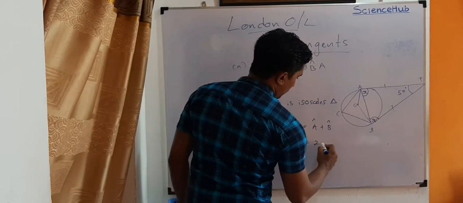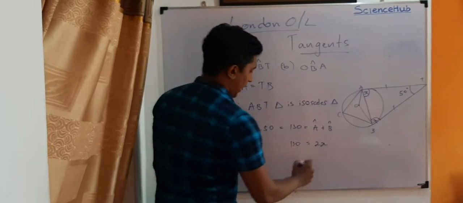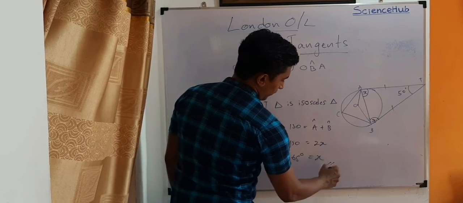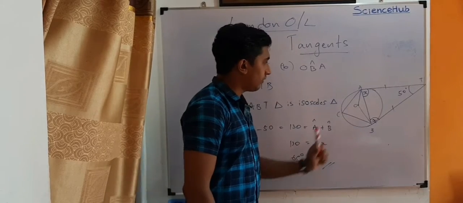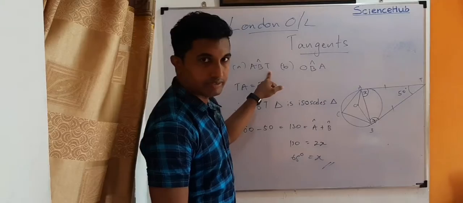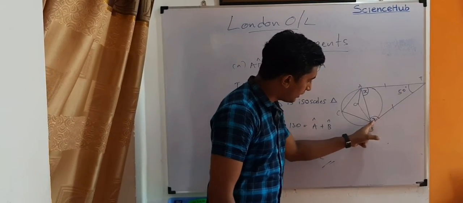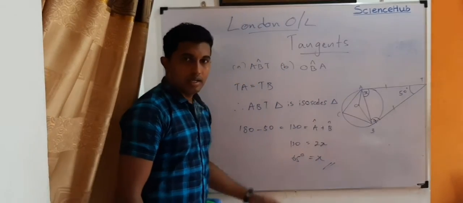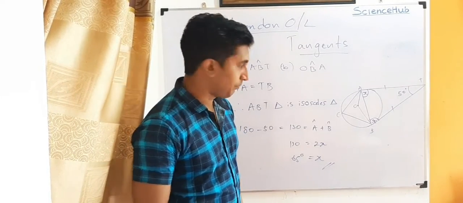Therefore 2x is equal to 130, and x should be 65. So the answer to the first question, ABT, is 65 degrees.